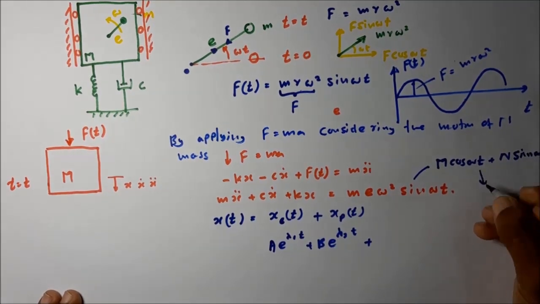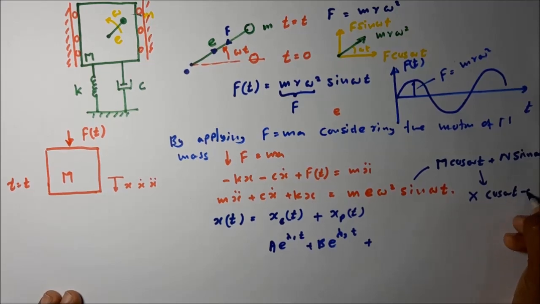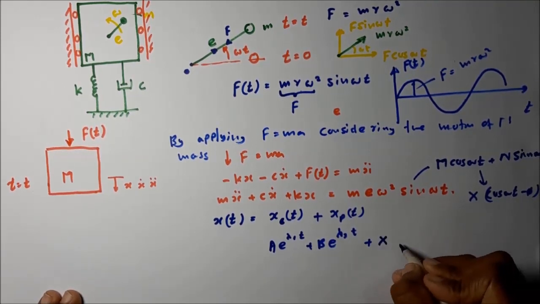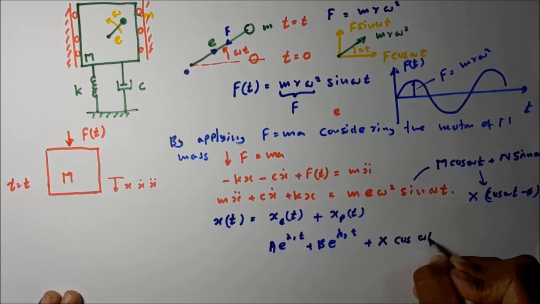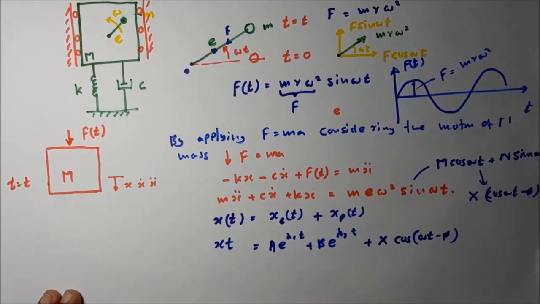Then we can reduce it to X cos(omega t minus phi) using simple trigonometric equations, so that is equal to x_p(t).